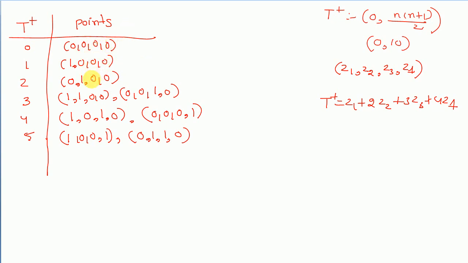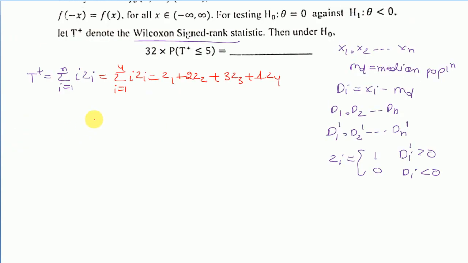Now let us make a count of these points. How many points are present in this table? 1, 2, 3, 4, 5, 6, 7, 8, 9. So in totality we have 9 points. Now it is easy to calculate the probability. If this particular probability is denoted by P naught, then P naught equals the number of sample points upon 2 raised to power n.